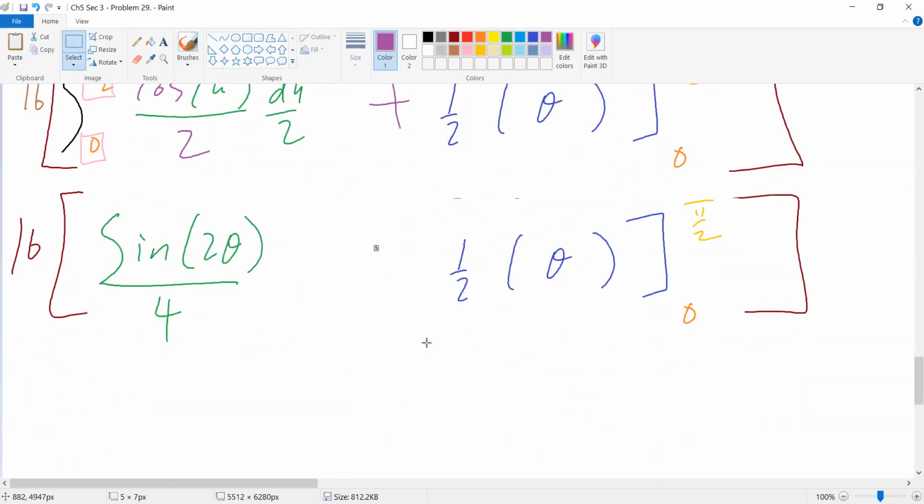And then we're going to add to this green sine of 2 theta statement, but I have to make sure our boundary values for this as well, okay? So our boundary values here is just from 0 to pi over 2. There we go. Let me clean this up real quick. Just look a little bit nicer. There we go. Okay, great.